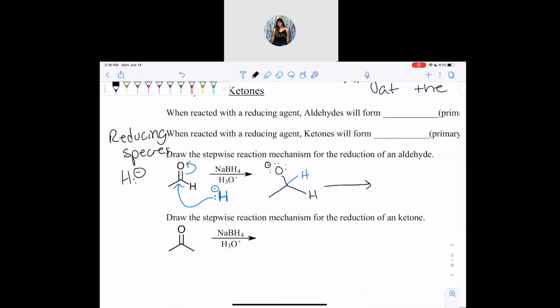What's an easy way? Yeah, exactly. So someone said you use the H3O plus. So I'm going to go ahead and do that in pink. We take the H3O plus and we're going to protonate.